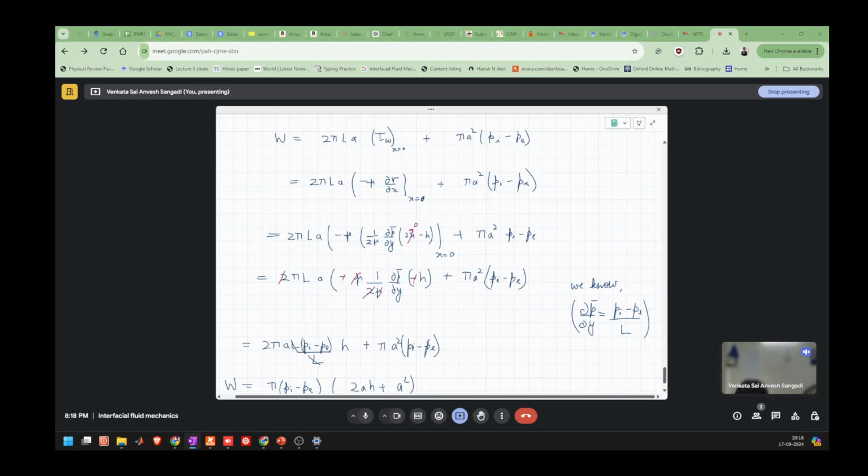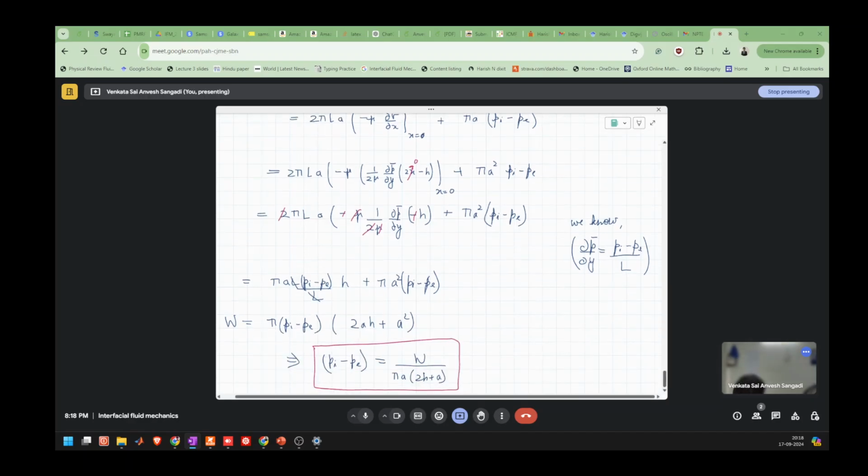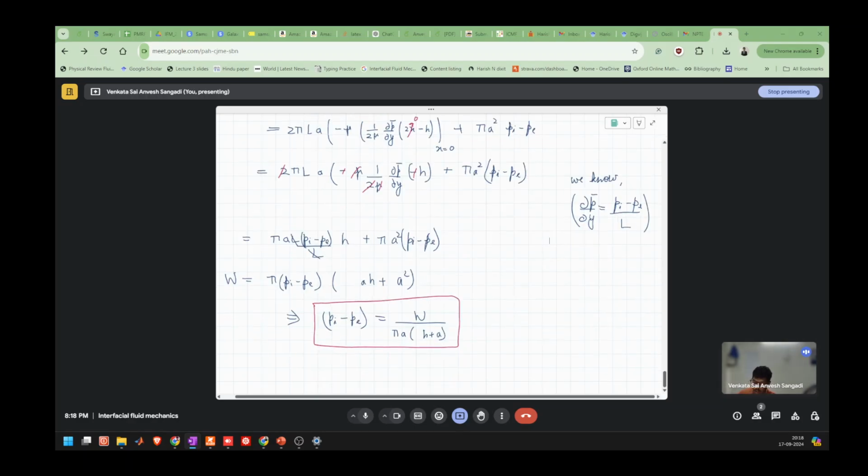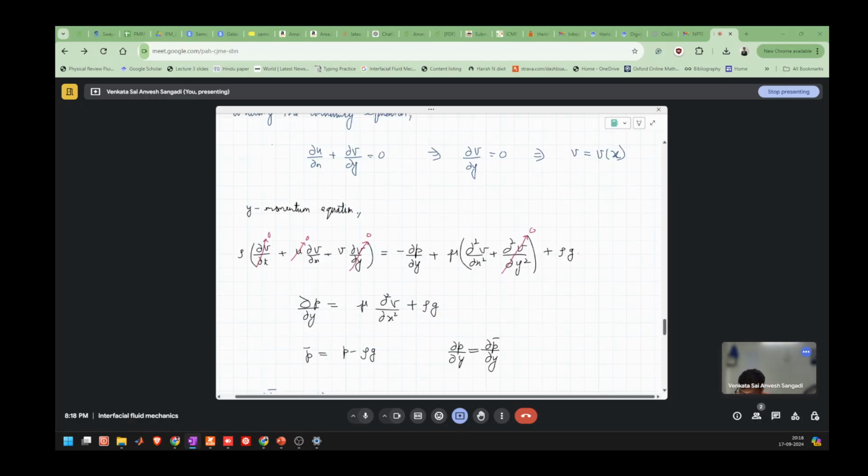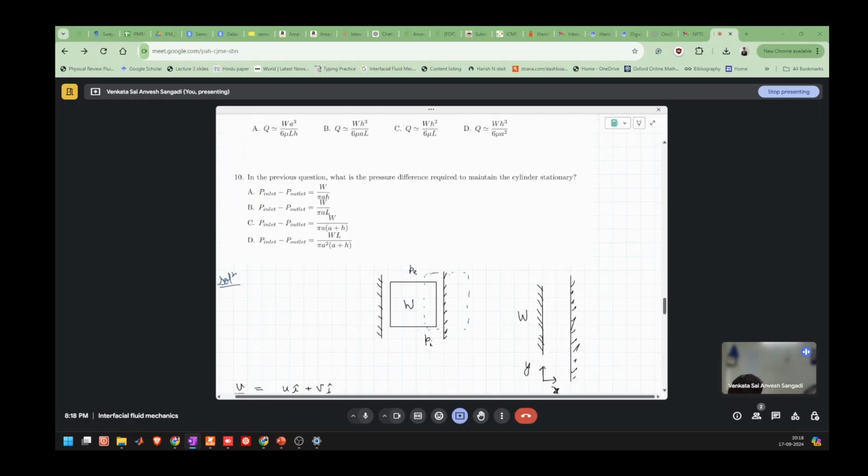If we cancel out this 2 here, then there won't be any 2. So the answer is C. Sorry for the mistake. There is no 2. So the correct option is C.